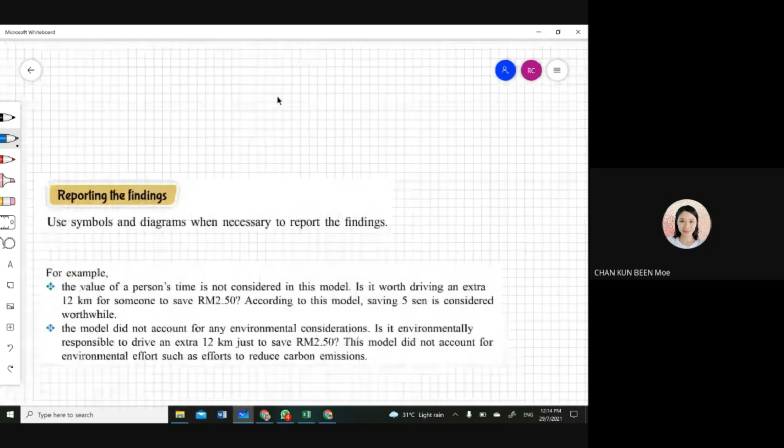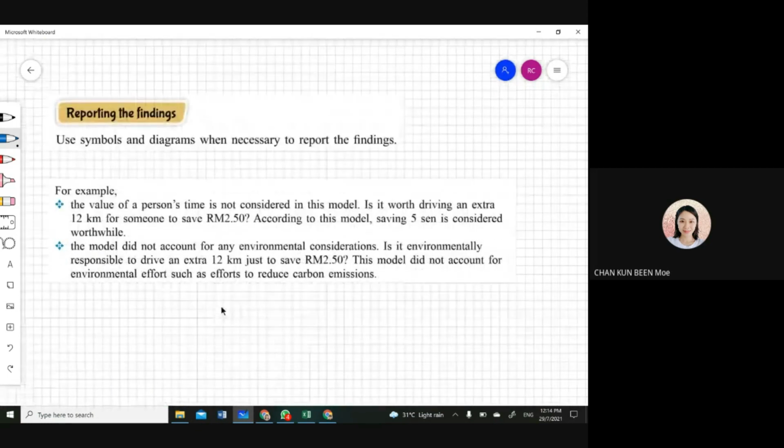Lastly, you report the findings. So use symbols and diagrams when necessary to report the findings. For example, the value of a person's time is not considered in this model. Is it worth driving an extra 12 kilometers for someone to save 2 ringgit 50 cents? According to this model, saving 5 cents is considered worthwhile.